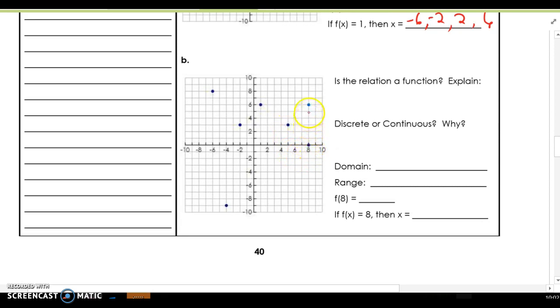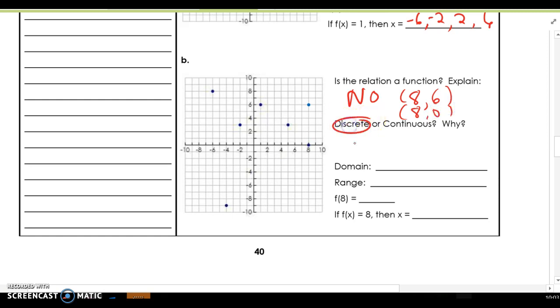And 8 is paired with 6 and 0. This x value 8 is paired with 2 different y values. No, this is not a function. 8 cannot be paired with 6 and another point that has an 8 and a 0.